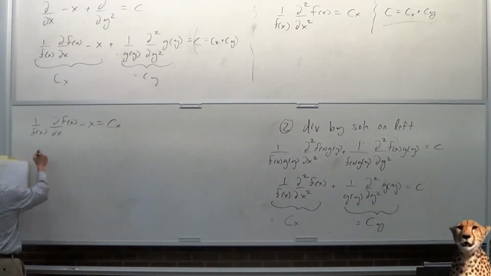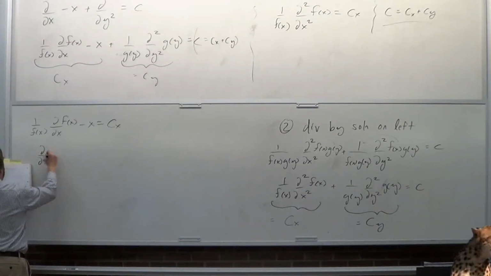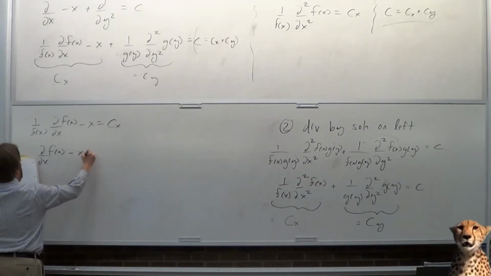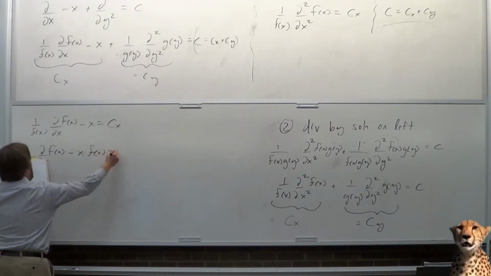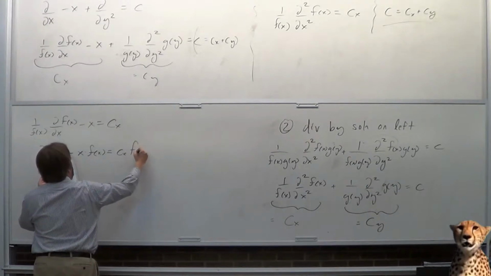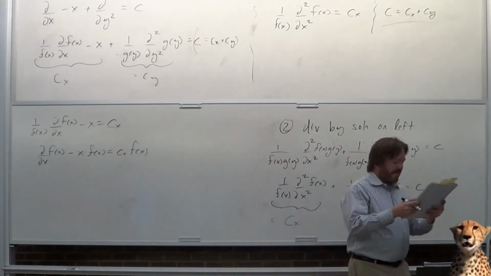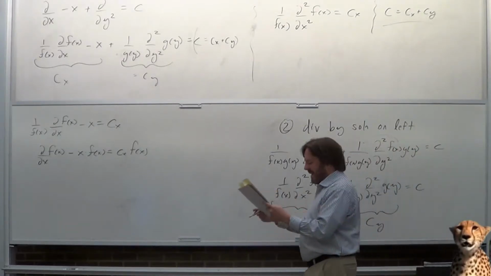And that gets it back into a form that makes you a little bit less cross-eyed and a little bit more what you're used to. c(x) f(x). Okay. Now you've got to solve this.